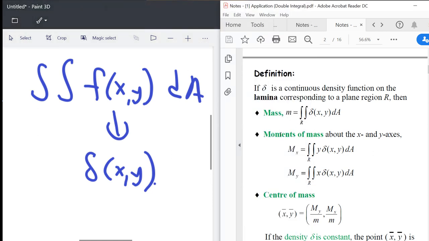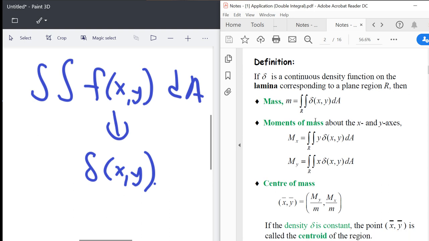A moment of mass for a function of two variables can be divided into two: moment of mass about the x-axis, and moment of mass about the y-axis. This one represents the moment of mass, represented by small m x here. You have to memorize all the formulas. Moment of mass about the y-axis is given by this formula.